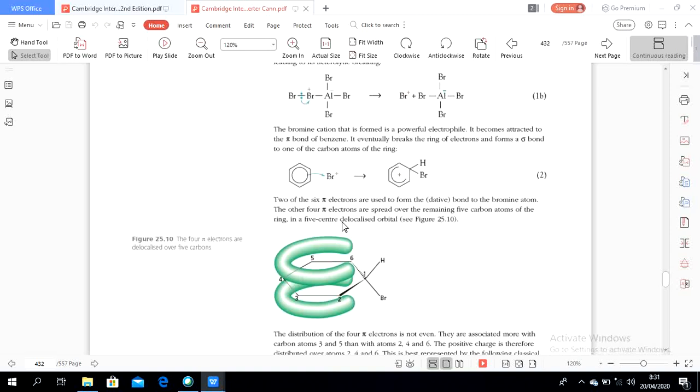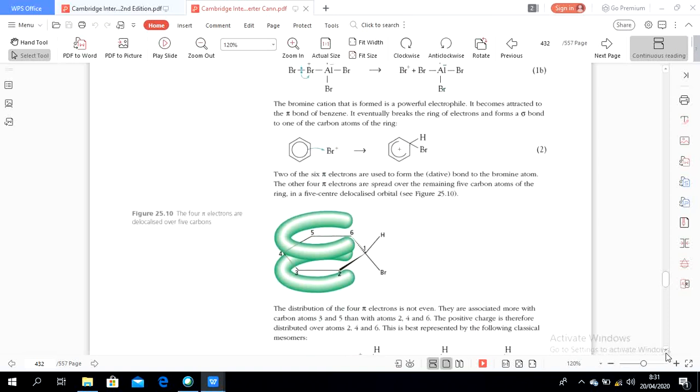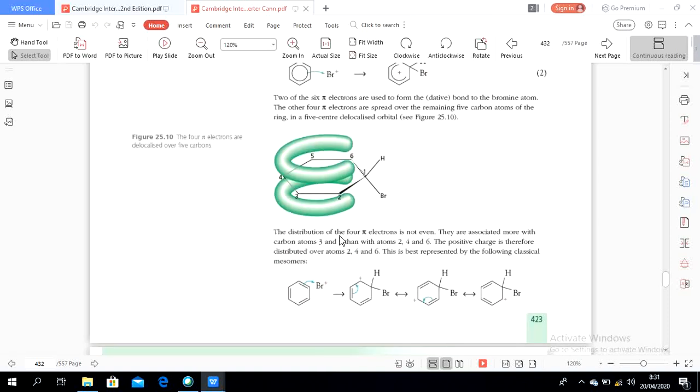This is a 5-centre delocalized orbital. So it is still delocalized, but only within these 5 carbon atoms, while the 6th carbon atom undergoes the substitution reaction. The distribution of the 4 pi electrons is not even.